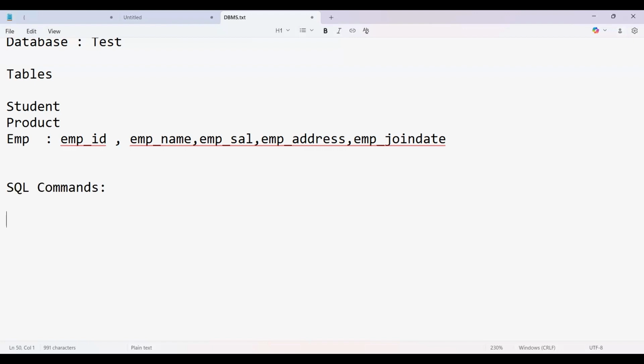We can do all these operations based on these SQL commands. There are four different types of commands. First one is DDL, second one is DML, then DCL, and next TCL.